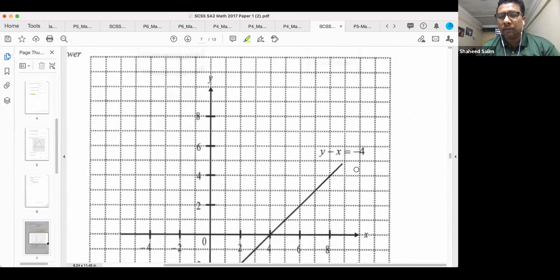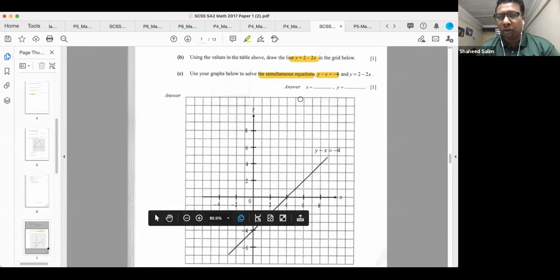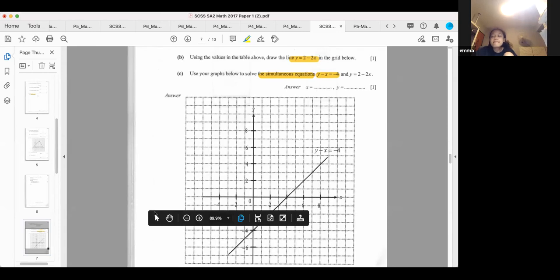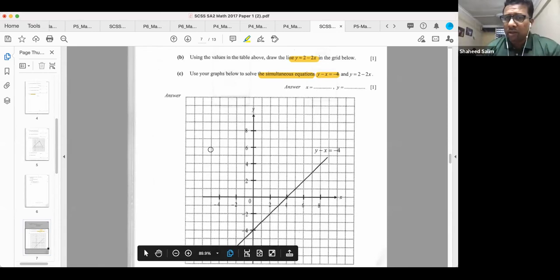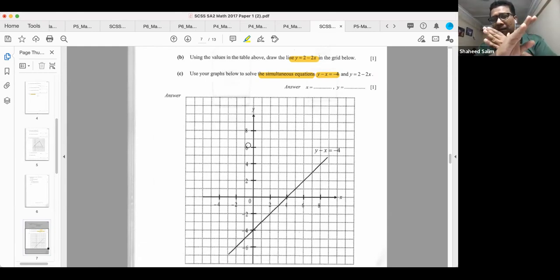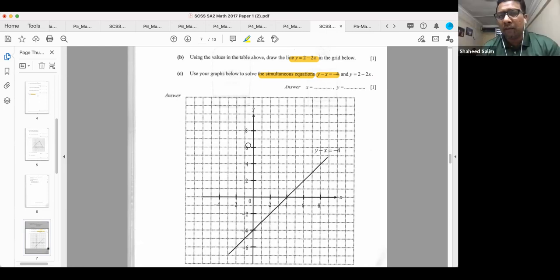So what does it mean? When you solve the simultaneous equation, you're finding the point of intersection. Okay, you get it? There are 2 ways of doing simultaneous equations. One is you plot the graph and find where they cut, or you do it by formula method.